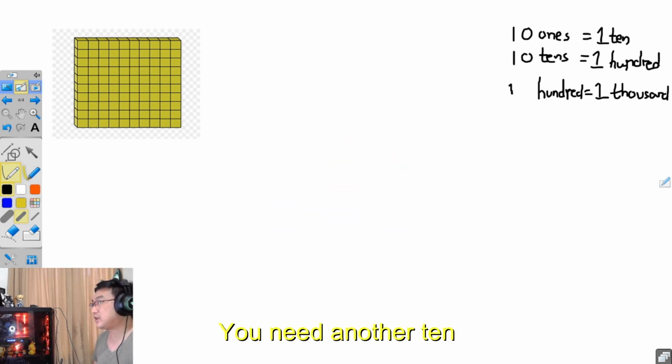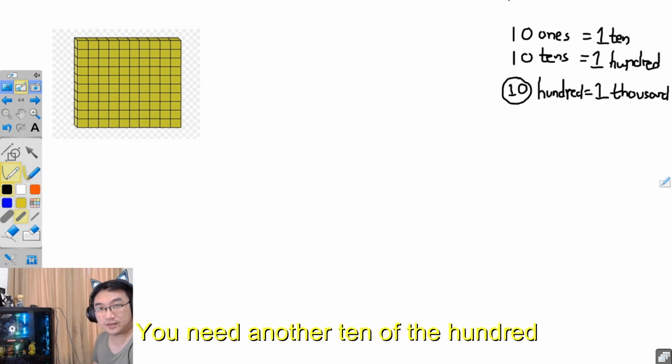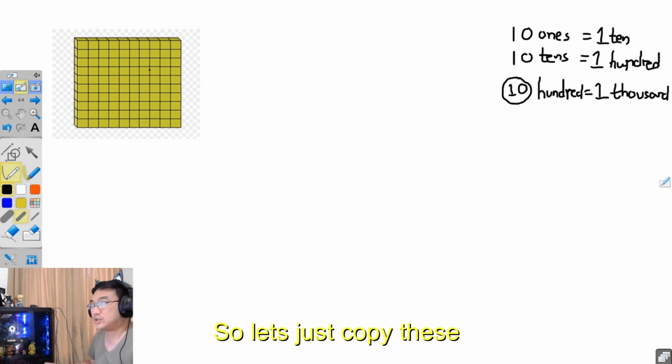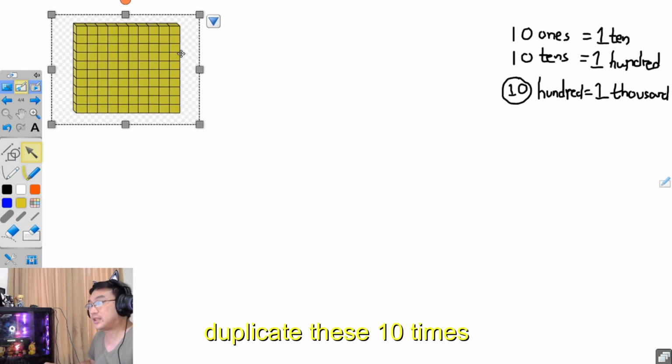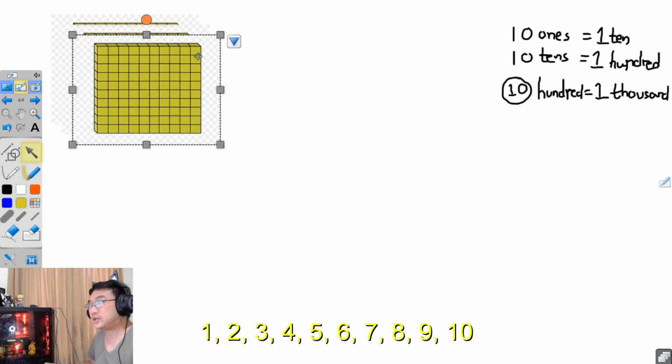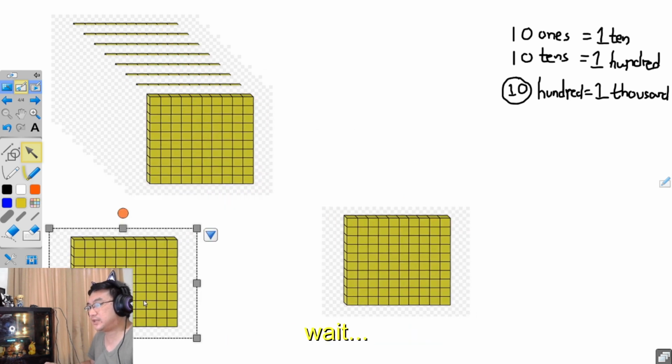Yes, you need another 10 of the 100. So let's just copy this, duplicate this 10 times. So 1, 2, 3, 4, 5, 6, 7, 8, 9, 10. You cannot see, mister. Wait.